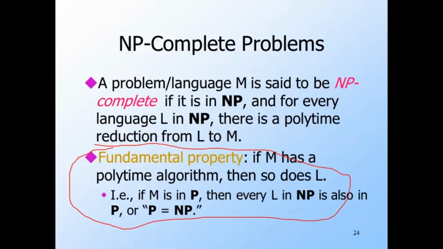Cook concentrated on showing one particular problem, the question of whether an expression of propositional logic was satisfiable, that is, made true by some assignment of truth values to the propositional variables. But shortly after Cook wrote his original paper on NP-completeness, Dick Karp wrote another paper that showed many of the classical problems that had been puzzling mathematicians, sometimes for centuries, were NP-complete.